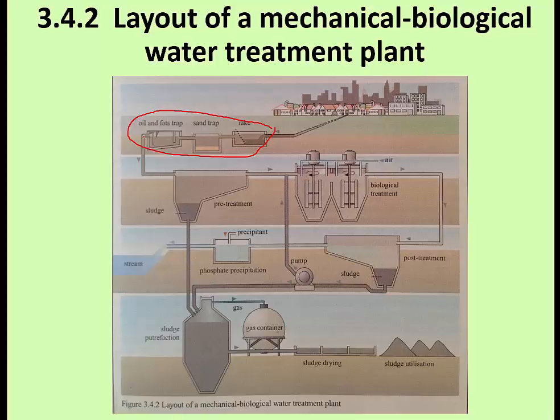Now, those three processes alone will remove approximately 30 to 35% of the organic material from the water source. But that's part of it. You still have about 2/3 to go. So the rest of it is going to be in various forms. It might be dissolved in solution. It might be suspended within the body of the water, or it could be a colloid.